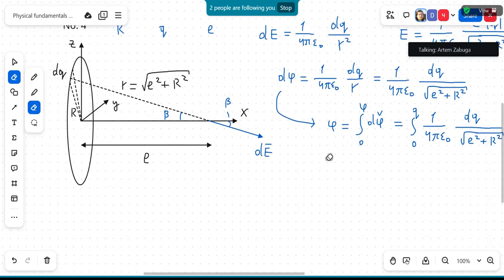So we have found electrostatic field intensity and electrostatic potential on the axis of the ring.